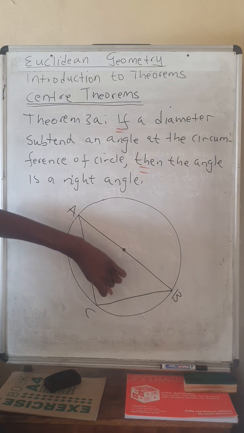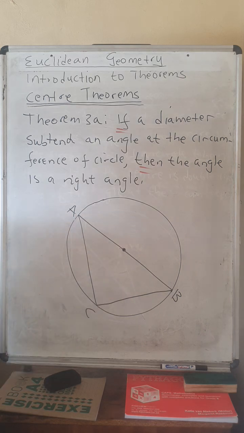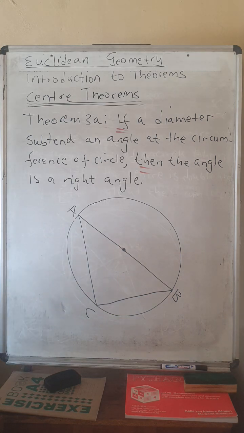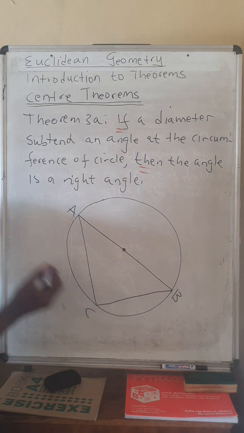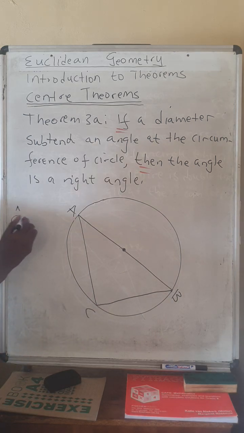Angle C. It means this angle here will be a right angle. What is a right angle? A right angle is a 90-degree angle. So it means the size of angle C will be equal to 90 degrees. So that's what the conclusion is going to be.